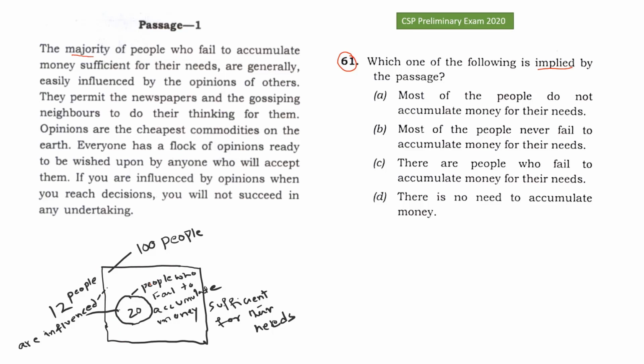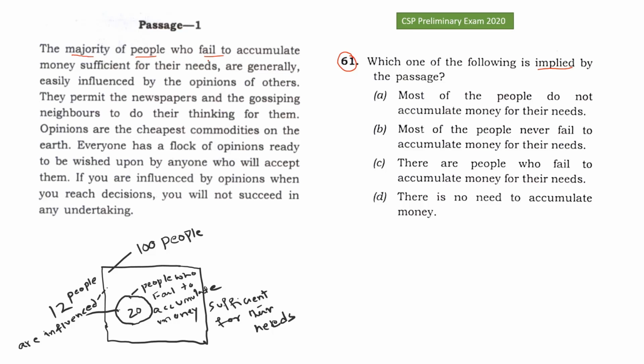So there are 100 people, but out of 100 people, you have 20 who fail to accumulate money, and out of 20, the majority are influenced by the opinions of others.